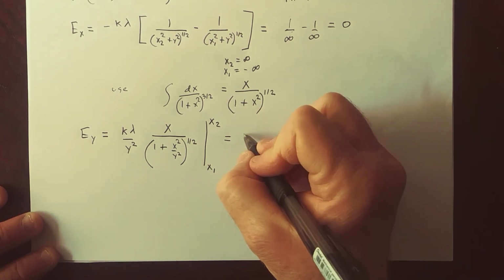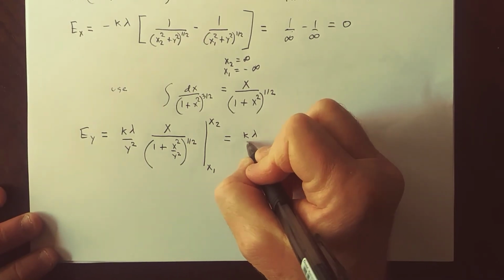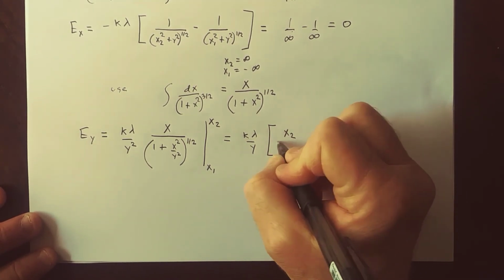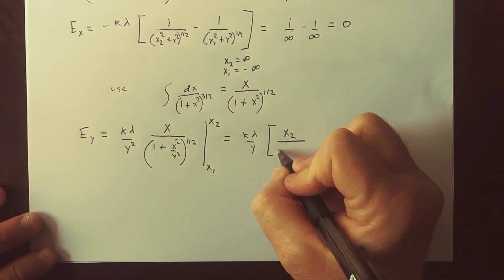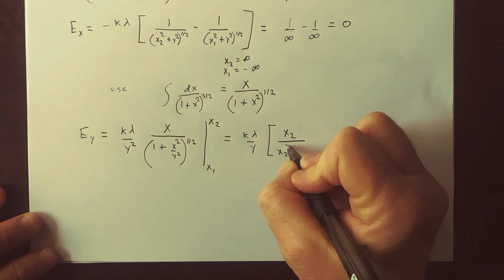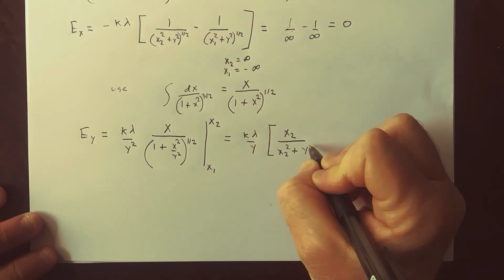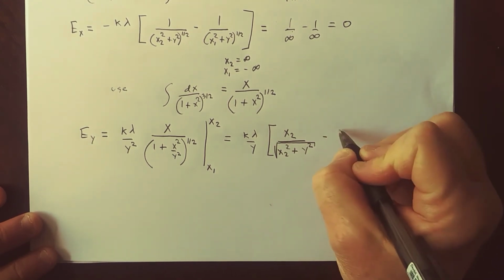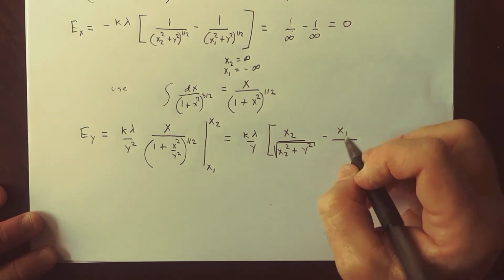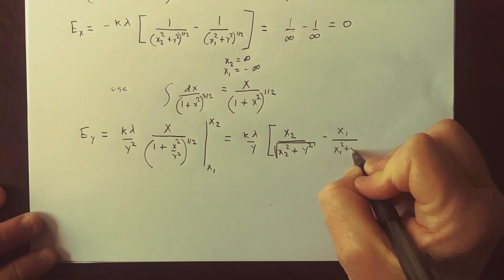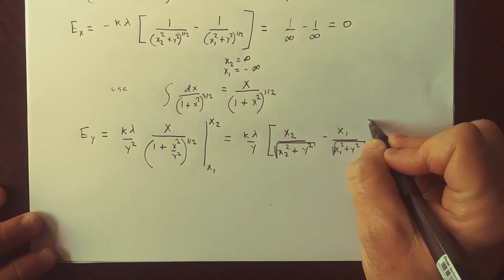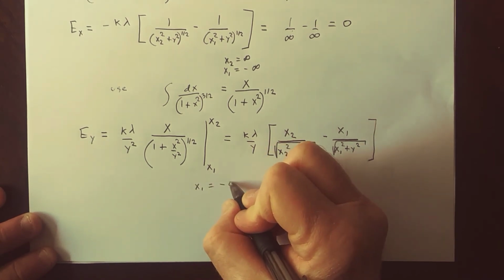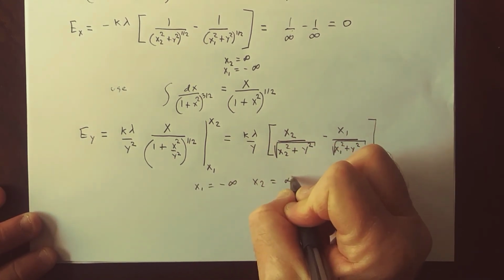And that gives us k lambda over y times x2 over x2 squared plus y squared to the 1/2, or square root, minus x1 over x1 squared plus y squared square root. And of course, again, x1 is equal to minus infinity and x2 is equal to infinity.